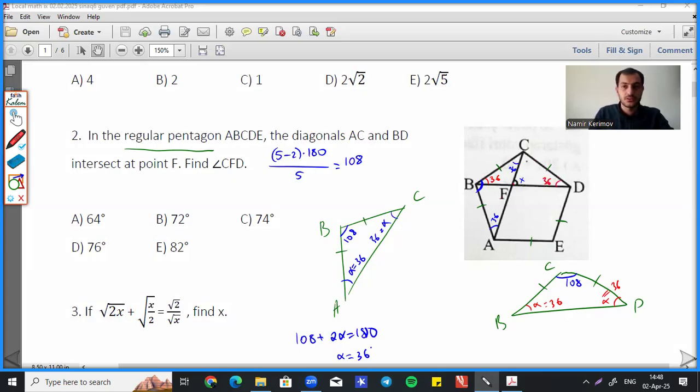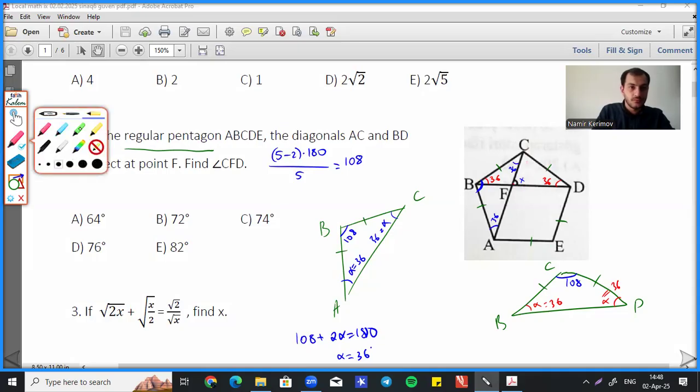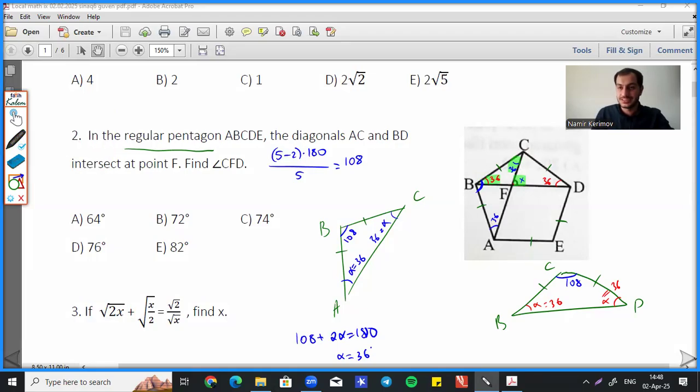they both are 36. And we know that the sum of the two interior angles of a triangle is equal to the third one's exterior angle. I mean, 36 and another 36 are interior angles of the triangle BCF.